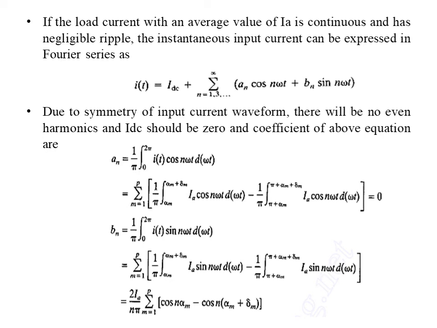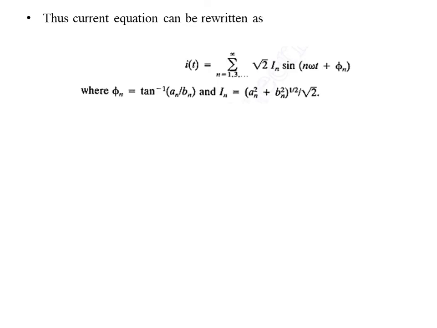After substituting, the current i(t) is equal to summation n = 1, 3, 5, 7 to infinity of root 2 In sin(n omega t plus phi n), where phi n is equal to tan inverse of an divided by bn and In is equal to (an square plus bn square) raised to 1/2 divided by root 2.